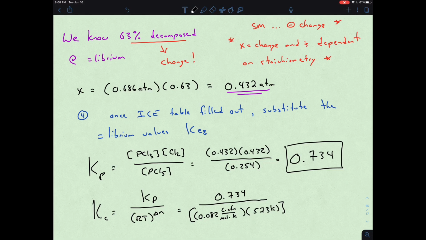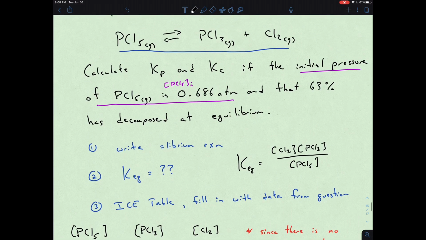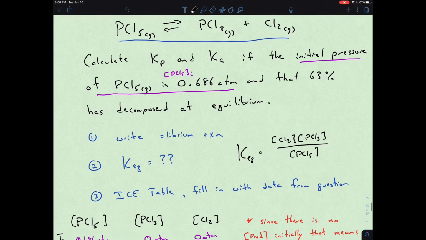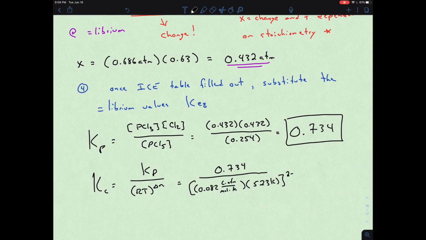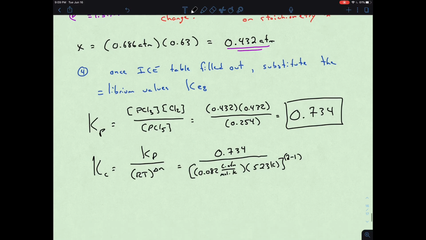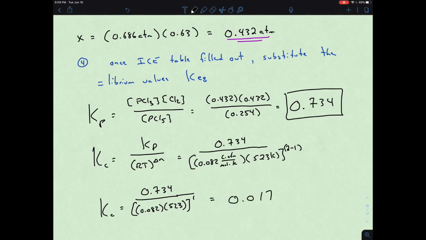Back to our reaction, we have 2 moles of product gas, 1 mole of starting material gas. So this would be 2 minus 1 in that raising of the power. So our K sub C would then be equal to this, which is 0.0171.